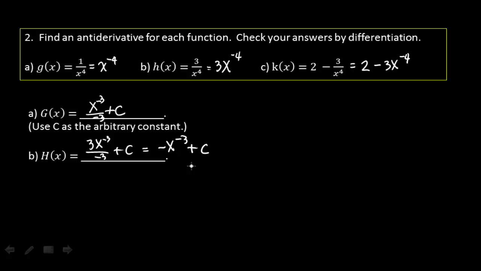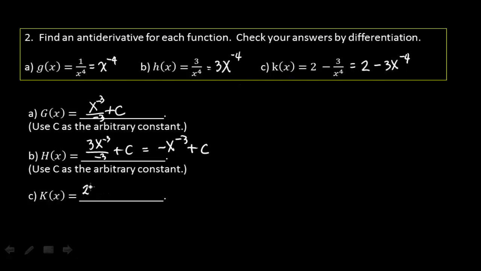And then what about C? Well, it's just this, add that, so you have 2x plus x to the negative 3 plus a constant. And again, the best thing to do is differentiate to check. So always check by differentiating.